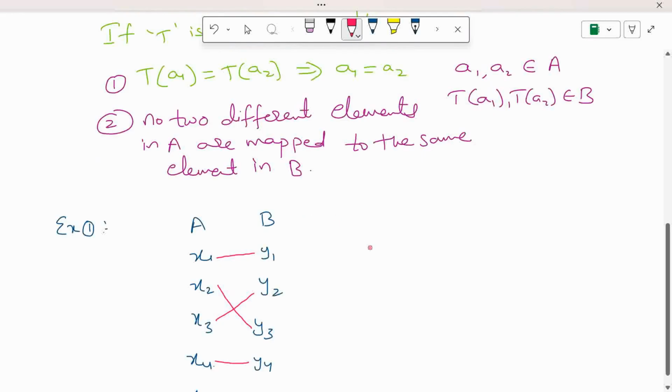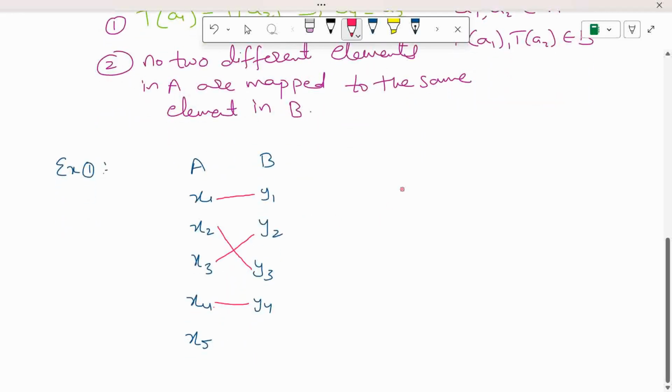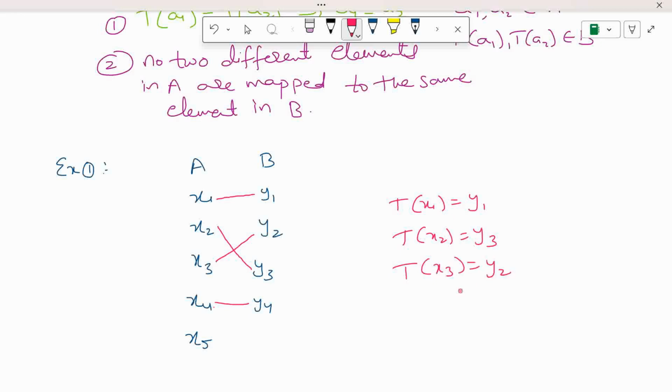Now here T of x1 is equal to y1, T of x2 is equal to y3, and T of x3 equal to y2, and T of x4 equal to y4.